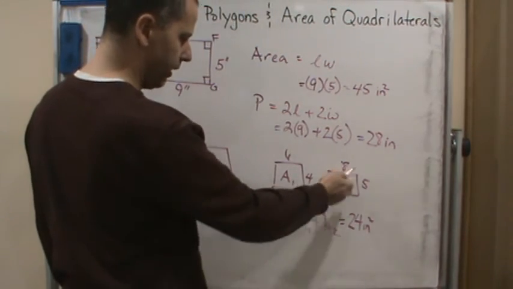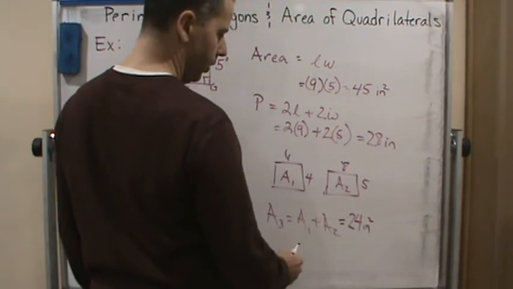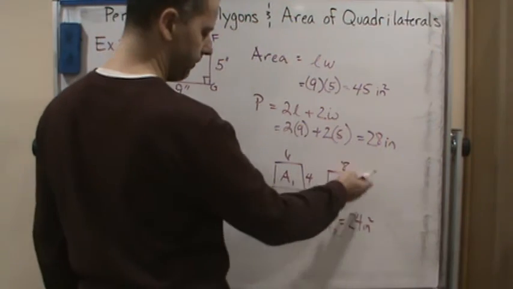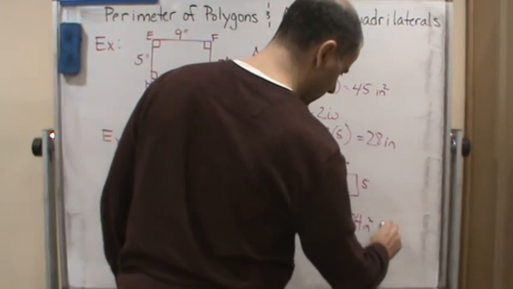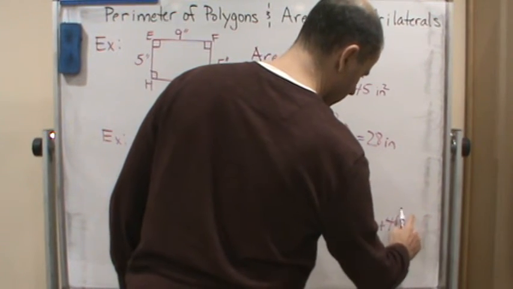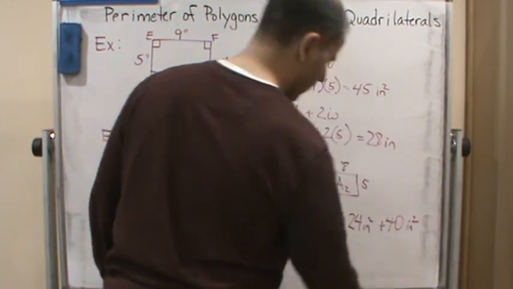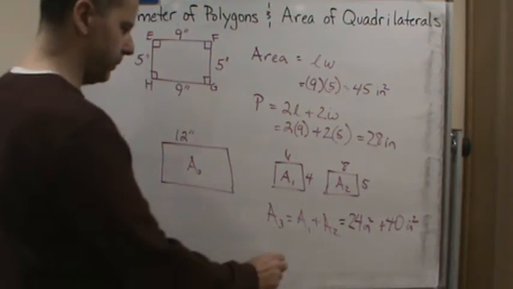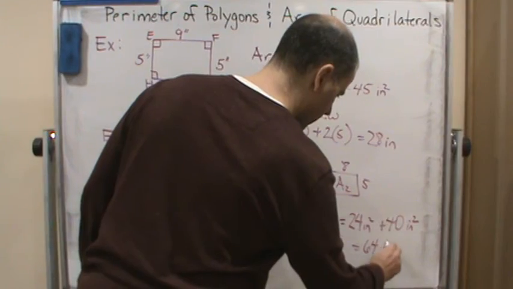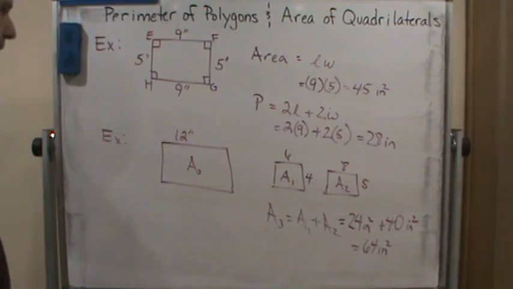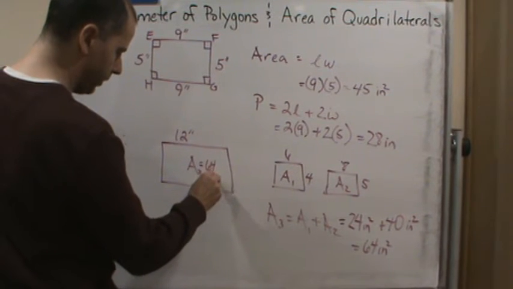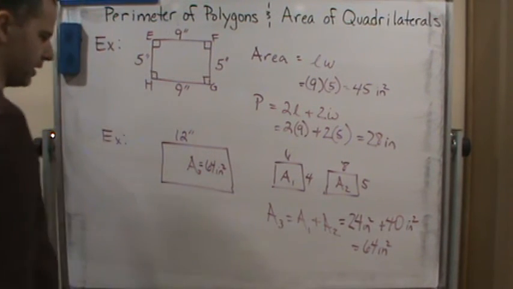And what's the area of the second rectangle, A2? That's going to be 5 times 8, length times width, which is 40, so plus 40 square inches. Now, what's the sum? The sum is 64 inches squared. That means A3 is equal to 64 square inches.